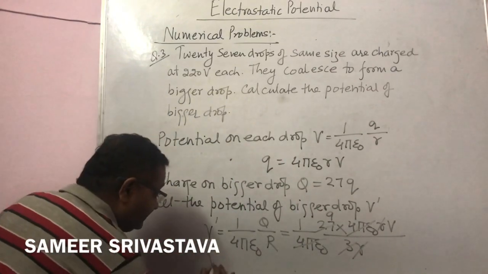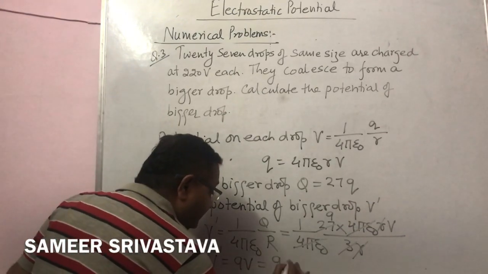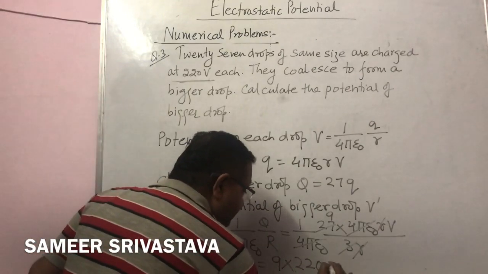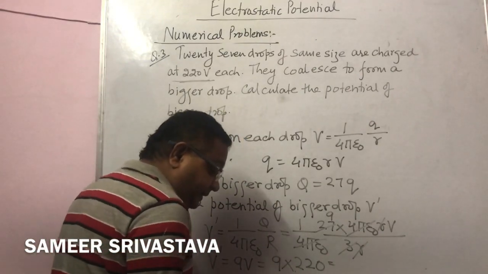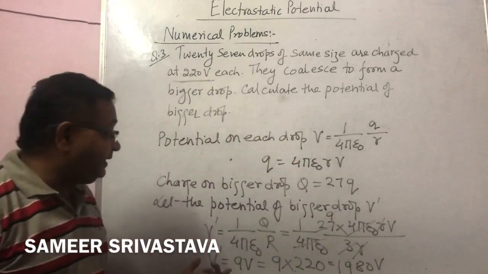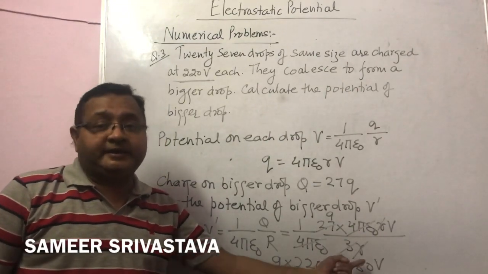So finally V dash is equal to 9 times V, or 9 into V, where V is given as 220. This is equal to 1980 volt. So finally the potential on the bigger drop will be 1980 volt.